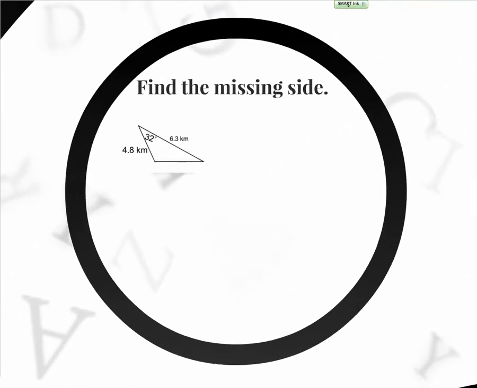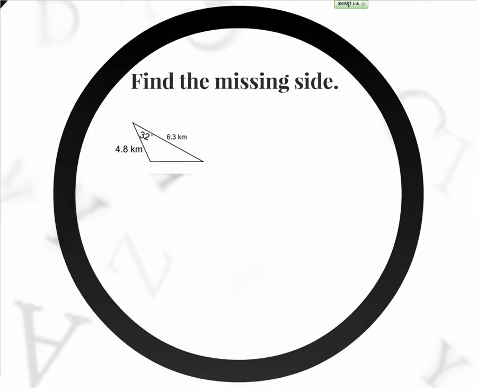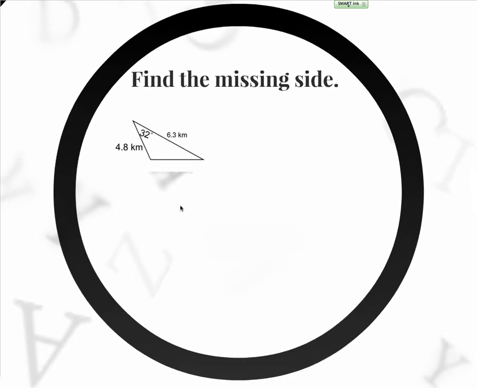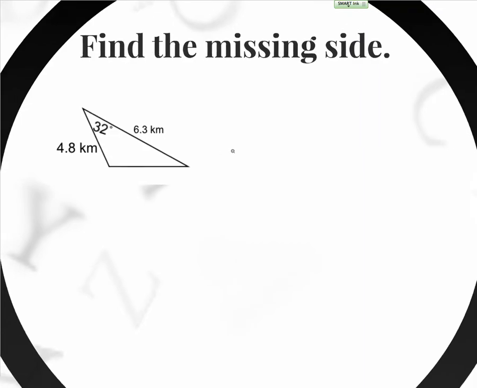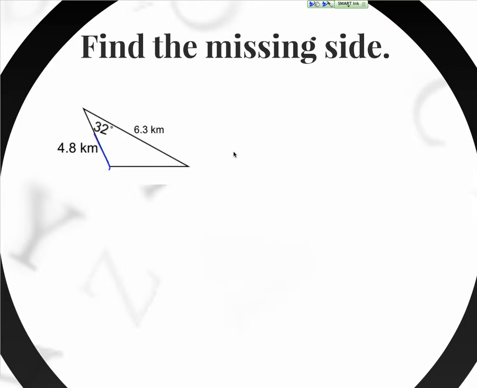All right. So like I said, we're going to start with finding the missing side. Okay. So notice that we do have the side, angle, side type situation. So we'll use the first formula.